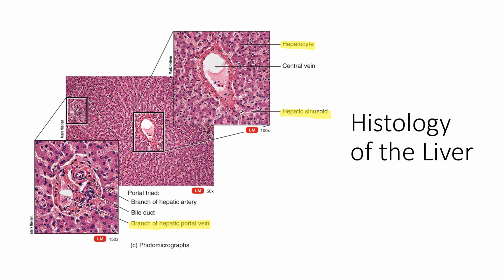And these hepatic sinusoids will converge and deliver blood into a central vein. Now together, a bile duct, a branch of the hepatic artery, and a branch of the hepatic vein are referred to as a portal triad.